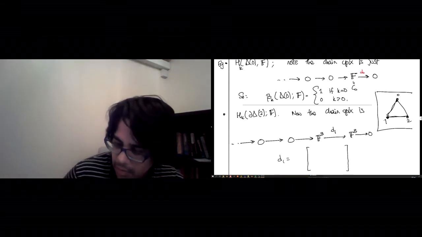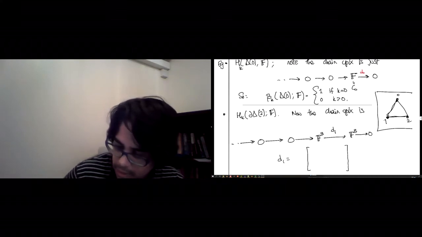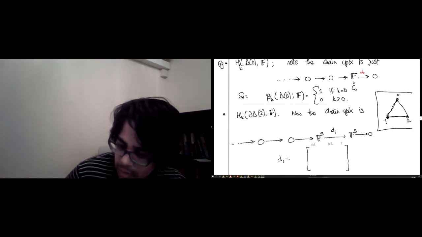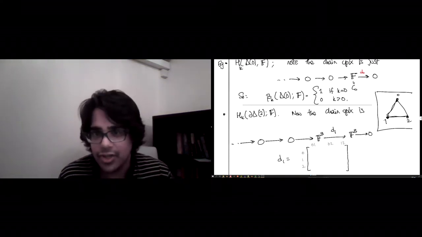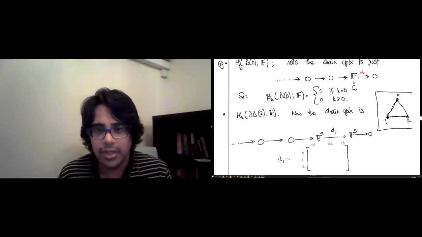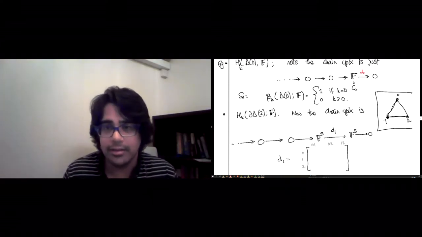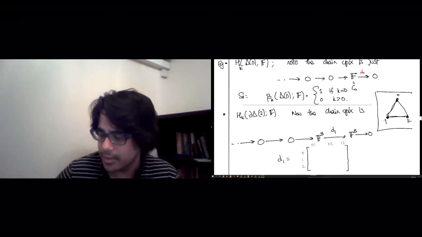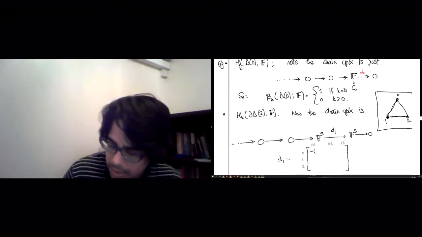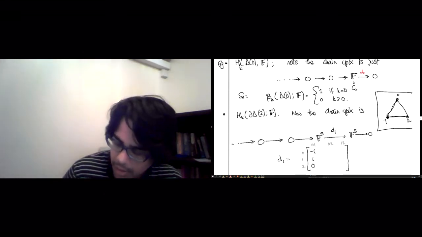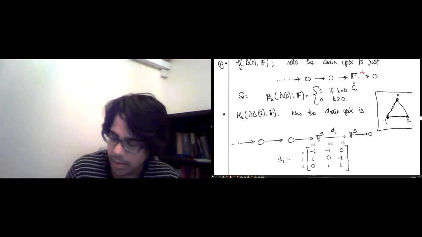It's going to have all the edges indexing the columns, 0 1, 0 2, 1 2, and it's going to have the 3 vertices. This is just the adjacency matrix for the graph that this hollow 2-simplex creates. So this is going to be -1, 1, and -1, 1 there, 0, -1, 1.